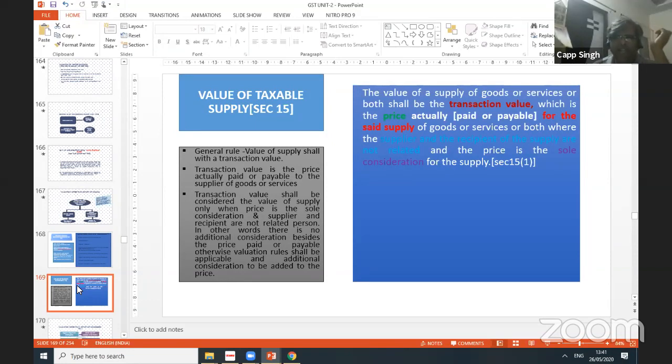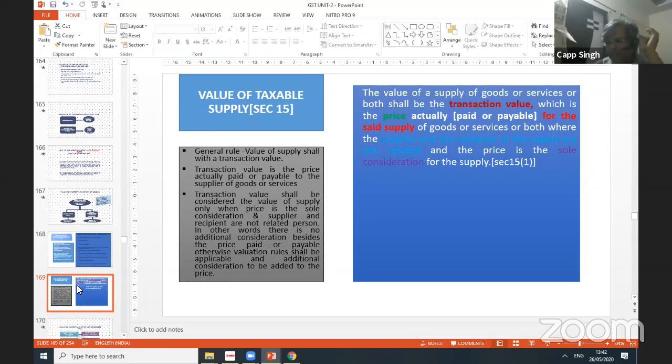Now, whenever we say transaction value, the transaction value shall be considered the value of supply, and transaction value is the price actually paid or payable to the supplier of goods. So even if it is payable, it is the value of supply. It is not necessary that only the amount received forms part of the supply; the amount receivable may also form part of the value of supply.